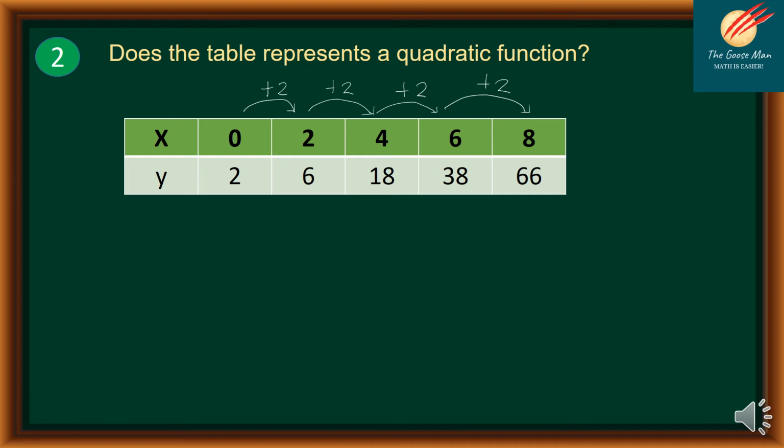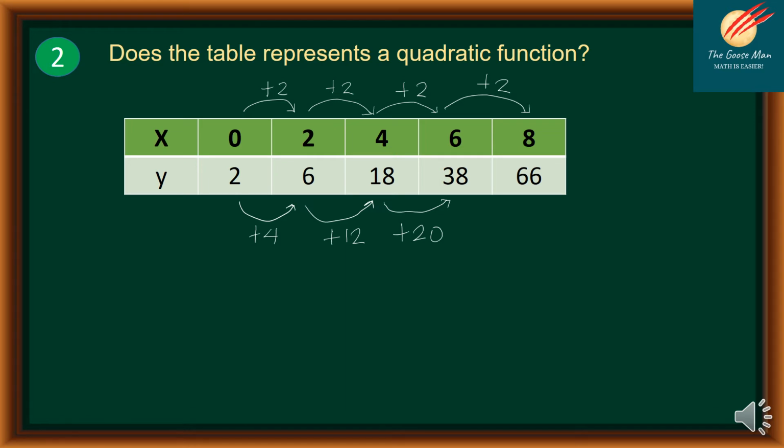On the other hand, for the values of y, you have 2 plus 4 will give us 6. Next, 6 plus 12 will give us 18. Next one, 18 plus 20 will give us 38.